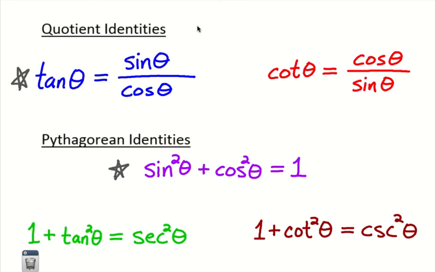Maybe I'll also say this. It's not that tough to see how this identity follows from this identity. The fact that sine squared of theta plus cosine squared of theta equals 1, these other two you can definitely say follow from this one.